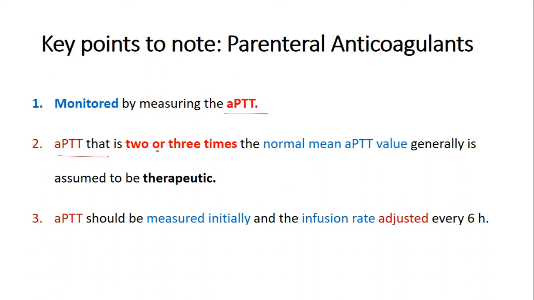An APTT that is 2 or 3 times the normal mean APTT value is generally assumed to be therapeutic in nature, and this APTT should be measured initially according to the body weight of the individual, and you should adjust the infusion rate every 6 hours to prevent adverse reactions.